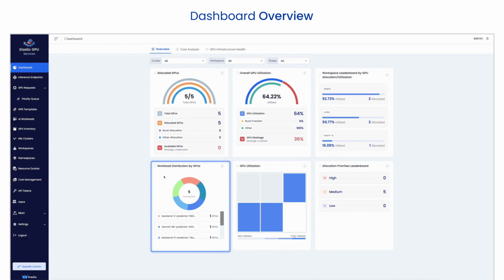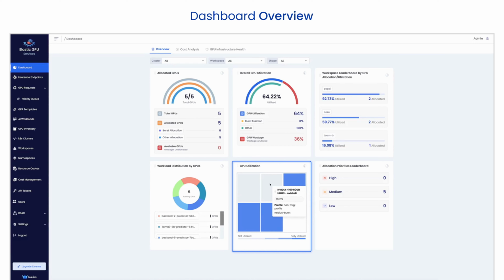Continuing, we can see our workload distribution by GPUs. These are actual jobs running on the GPUs and gives a good visibility to which jobs are assigned to GPUs. Then we get a heads-up display of the GPU utilization by GPU.